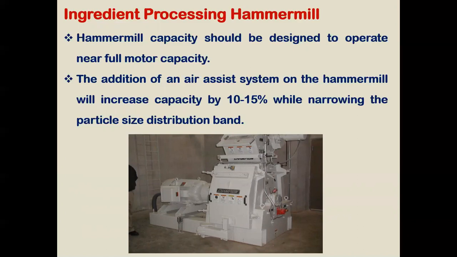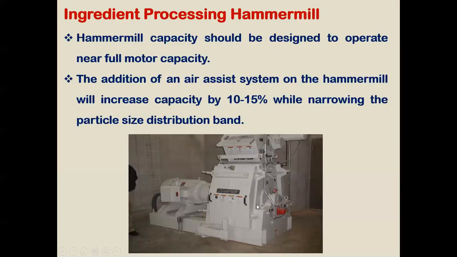In addition, with an air assisted system on the hammer mill, we can increase the capacity by 10 to 15% while narrowing the particle size distribution band. So by that way we can increase the capacity of the hammer mill. Here is a photograph of the hammer mill and this is the motor.